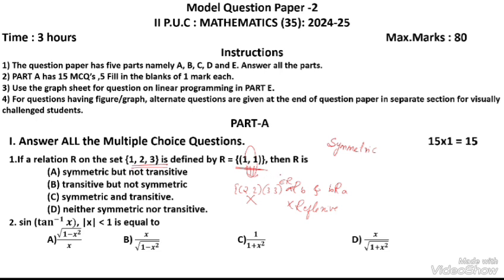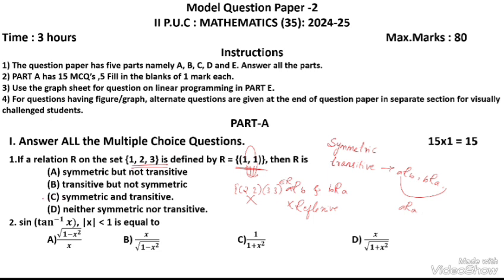Therefore, we have to consider it transitive, because according to the rule, if A is related to B and B is related to C, then A is related to C. By this property, (1, 1) also holds the transitive property, but it does not hold reflexivity, because (2, 2) and (3, 3) do not belong to the relation.